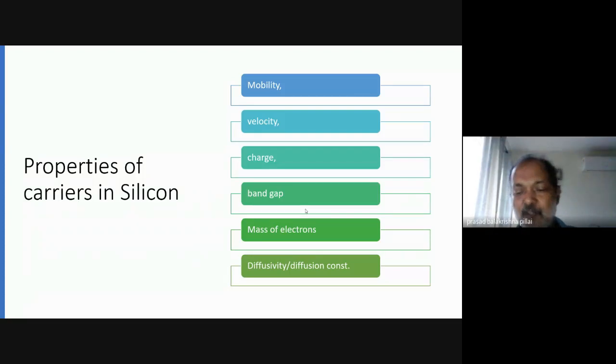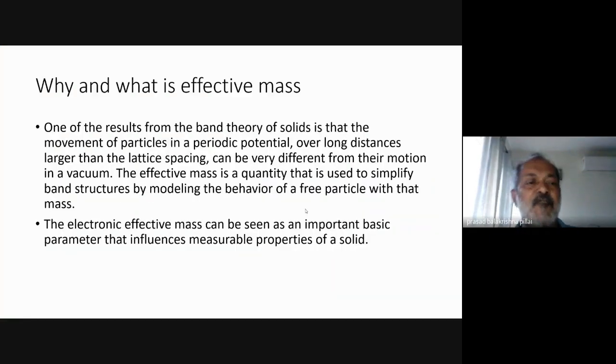So we need to bring in the concept of effective mass. It is a very interesting parameter, and in different orientations this effective mass is going to be different. We'll see why it is different.